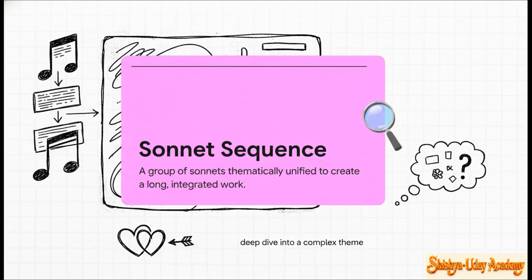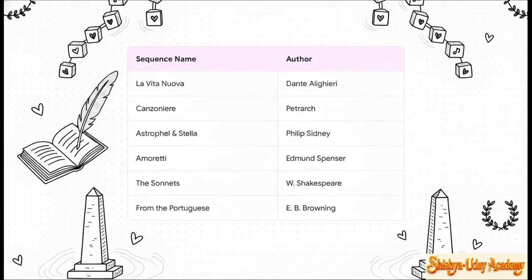By linking them together, it allows the poet to explore a single grand idea from dozens or even hundreds of completely different angles. These are some of the most famous sequences in history, monumental literary achievements that push the form to its absolute limits. You have Dante Alighieri's La Vita Nuova and Petrarch's massive Canzoniere, which contains a staggering 366 poems.